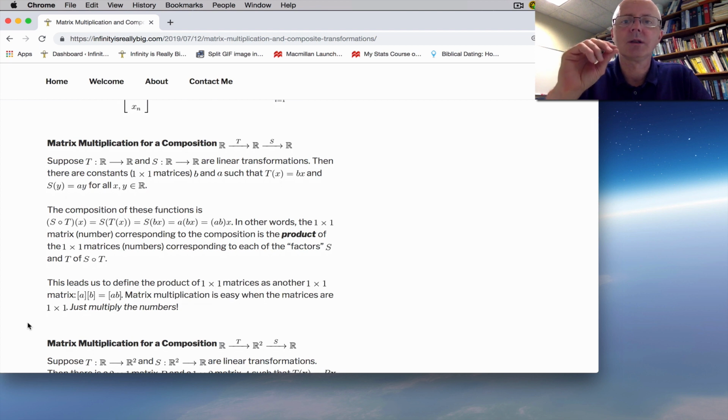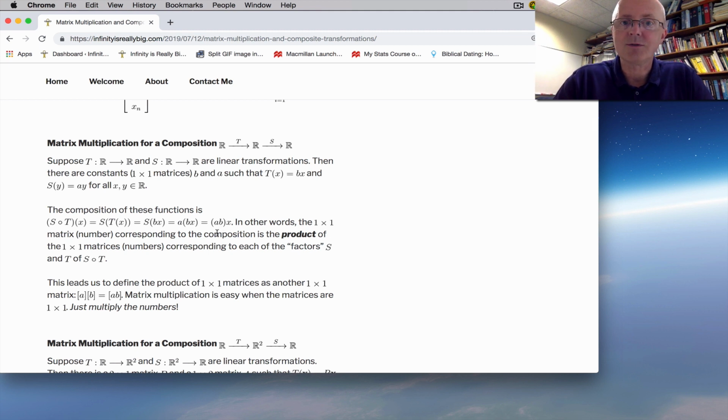I consider some low-dimensional examples, symbolically, without specific numbers. In this example, T goes from R to R, S goes from R to R, so the composition also goes from R to R. And the main point to emphasize is the matrix that represents the function composition is really a 1-by-1 matrix, which is really a number.